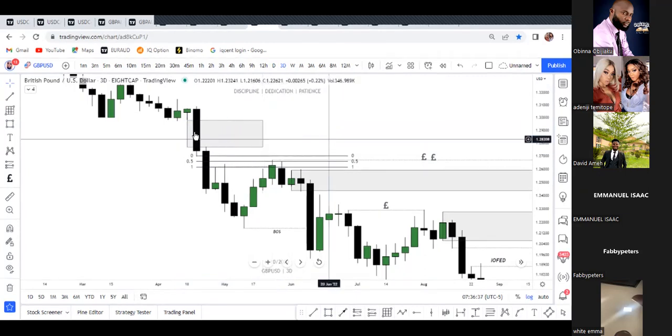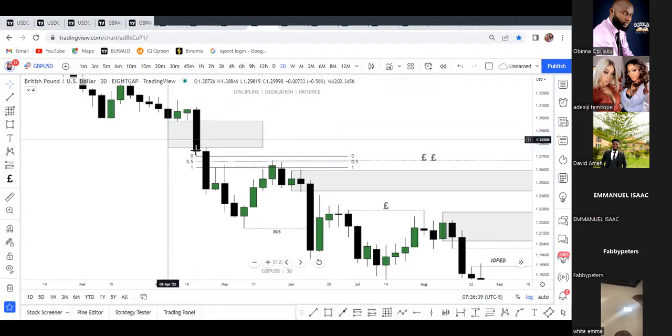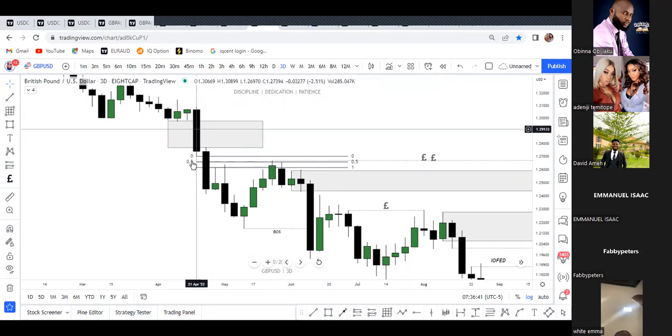So that is a 3-day CB. And this candle you're seeing here will be filled with body candle.